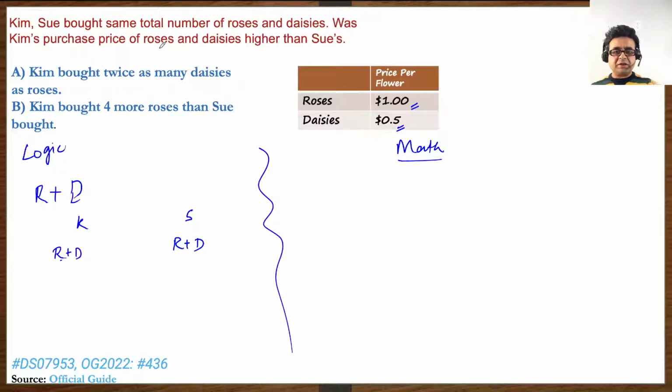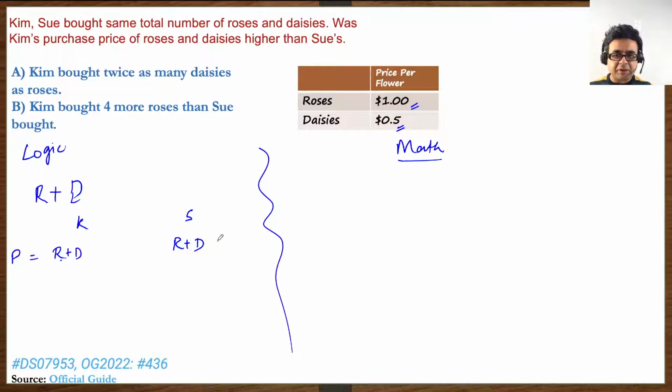The question for us is, when somebody has purchased these roses and daisies, whose total purchase price is higher, Kim's or Sue's? When we start with the same number of roses and the same number of daisies, we know that the purchase price would be the same for both.